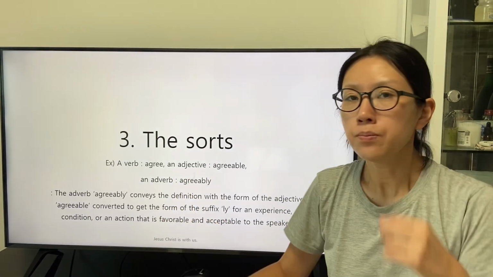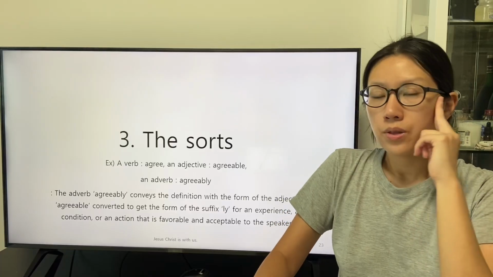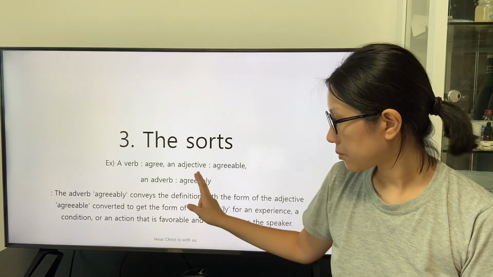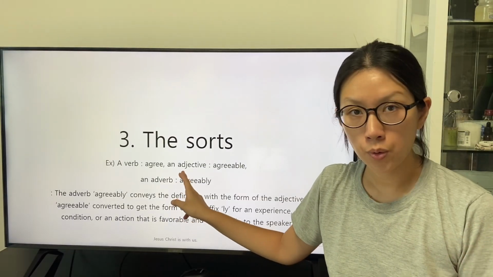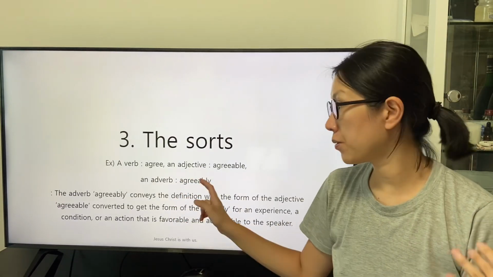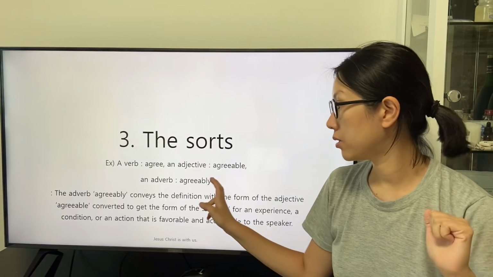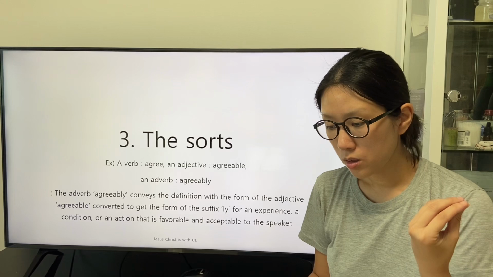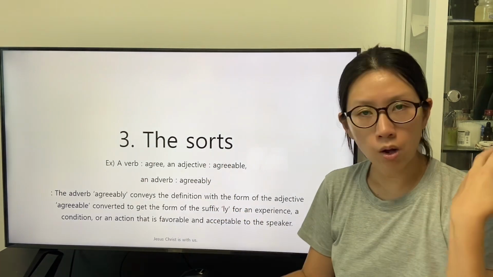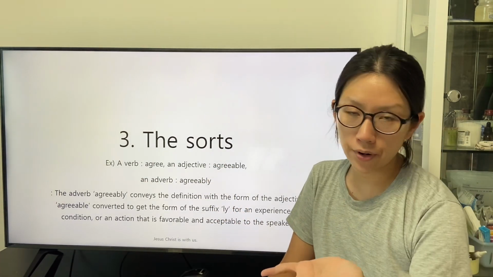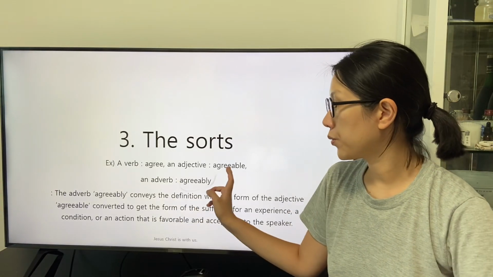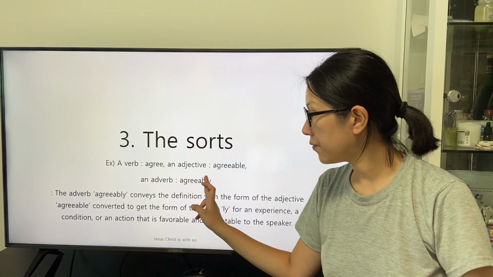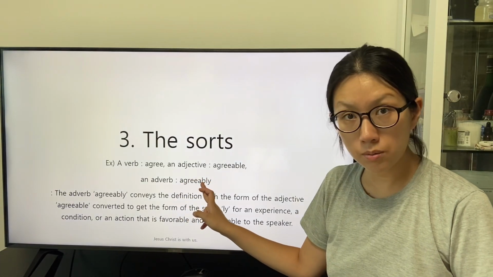We can infer the definition of the adverb agreeably from the form of the verb included in the adverb, agree, and we can also infer the definition of the adverb from the definition of the adjective agreeable.